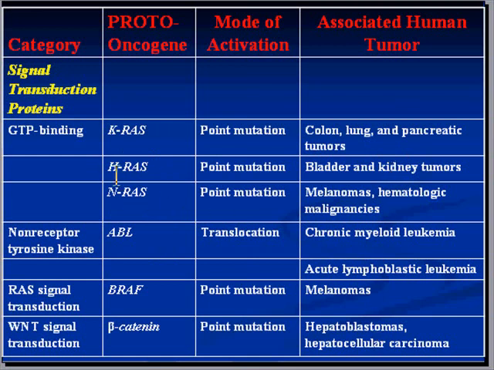But specifically, if the HRAS proto-oncogene gets mutated to be the HRAS oncogene, which is a GTP binding transduction protein, it may wind up as being a bladder or a kidney tumor.